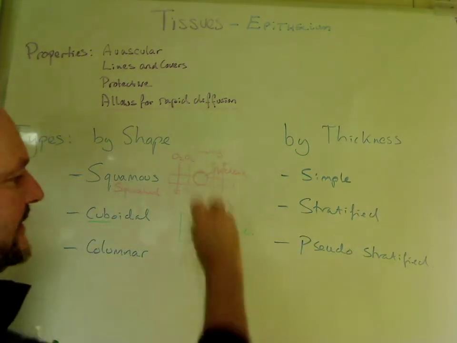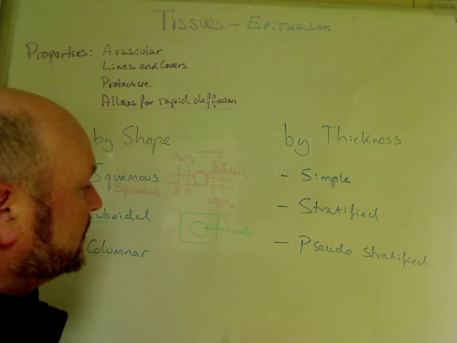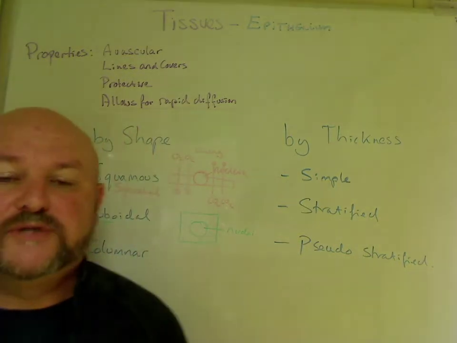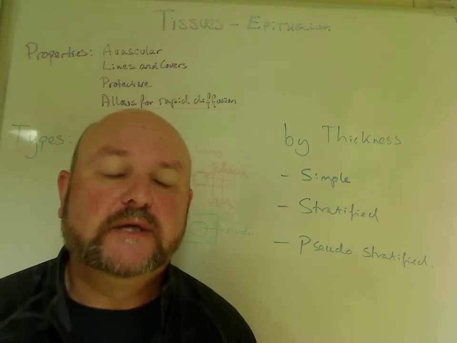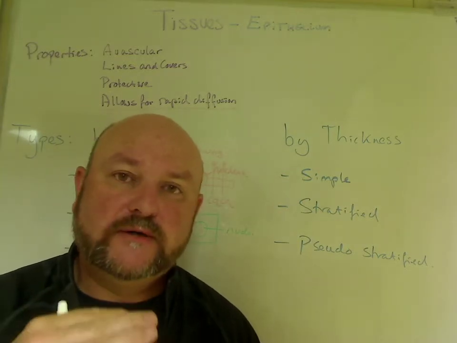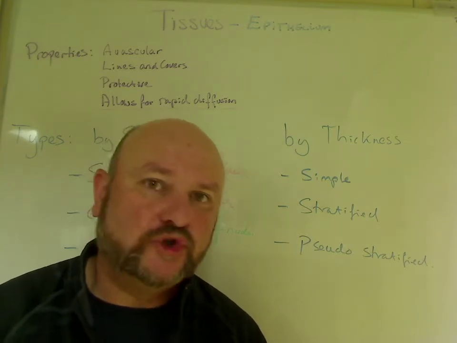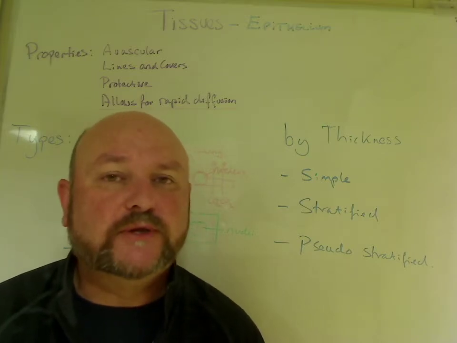So again, different, just one layer. So in the cuboidal, we still have just one layer, if it's a simple cuboidal, which we'll get to in a little while. But it's wider, so it can actually do slightly more chemistry inside the cell to try and control what's moving through it, and that's an important difference between the two.